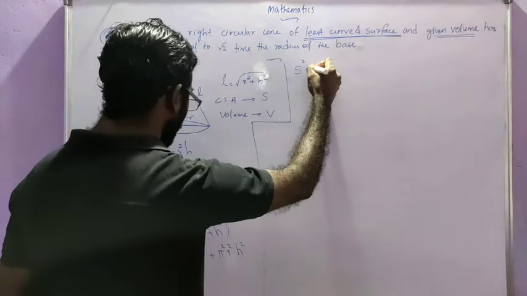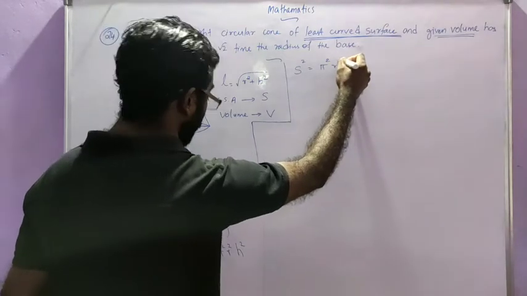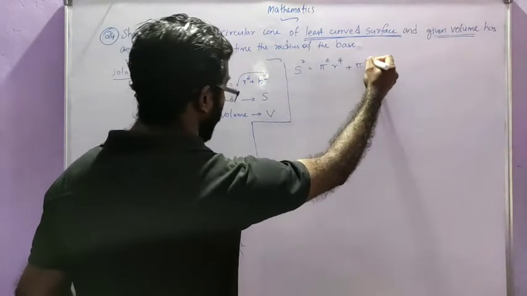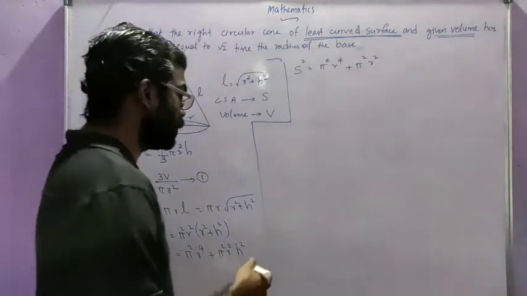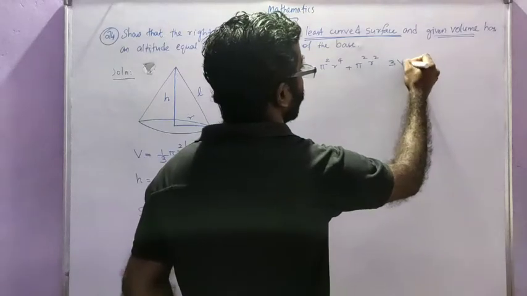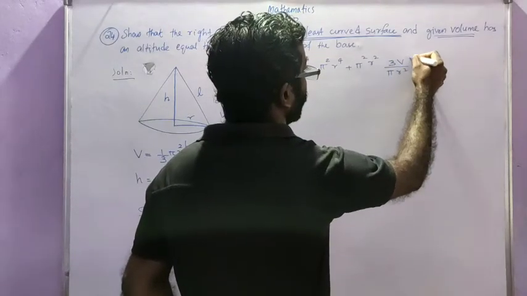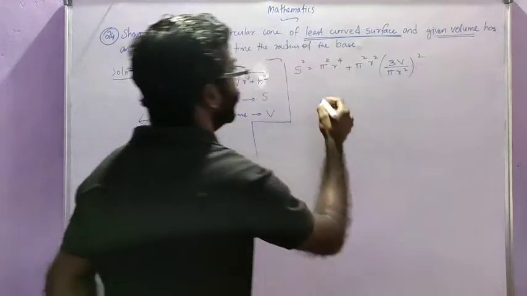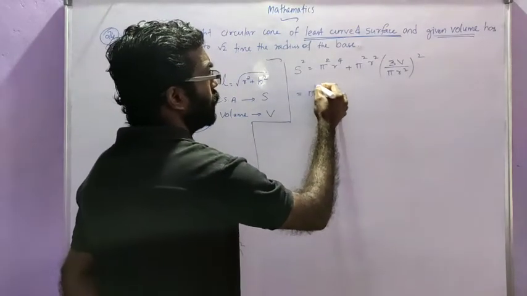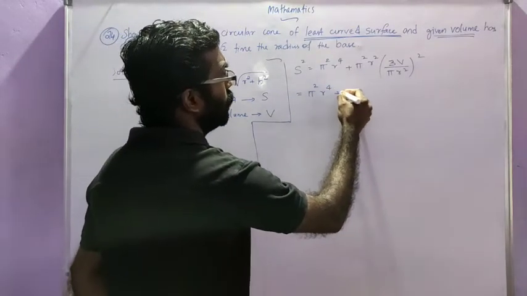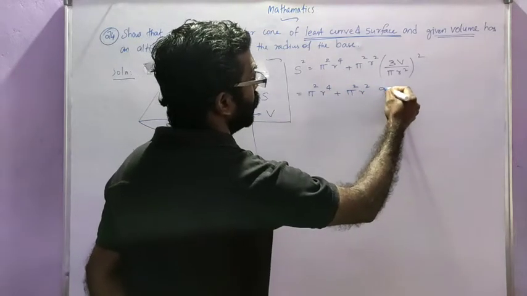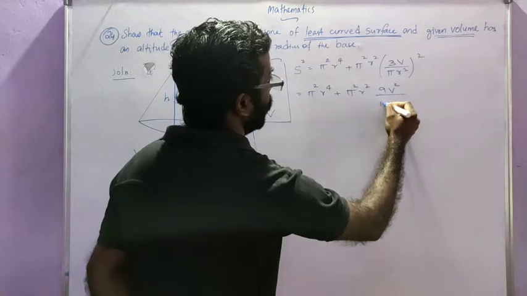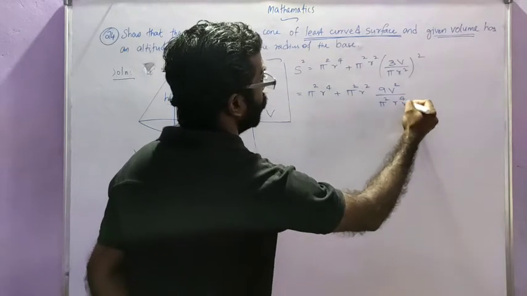So S square equals pi square r raised to 4, plus pi square r square into 3v by pi r square, the whole square. That is pi square r raised to 4, plus pi square r square 9v square divided by pi square r raised to 4.